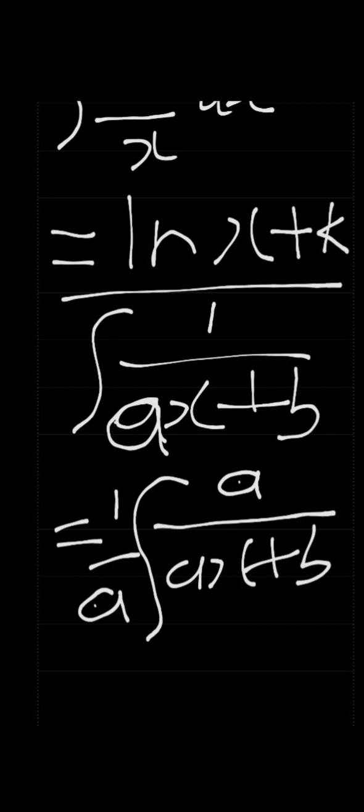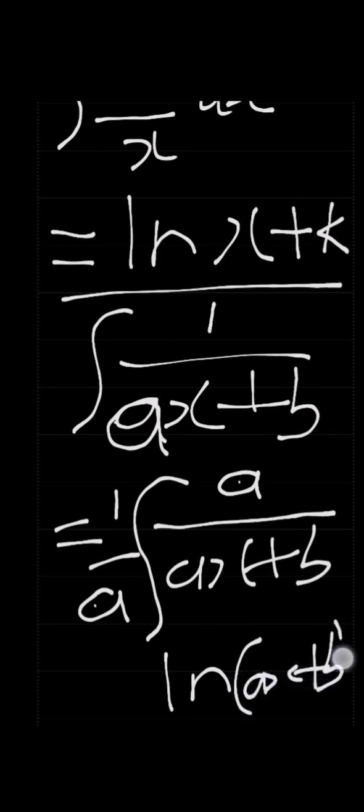Okay, so now do you see that if you differentiate the denominator, you get the numerator? So I said the answer is just the logarithm of the denominator. So this will be ln of ax plus b, then we close the bracket. But now we are not done yet. Do you see that we have a 1 over a on the outside of the integral?